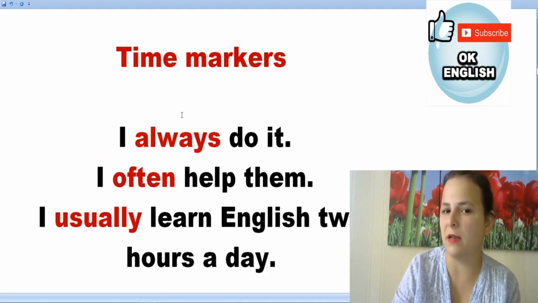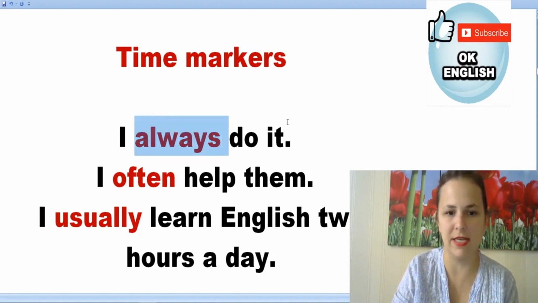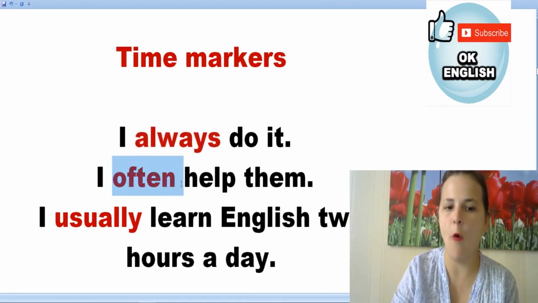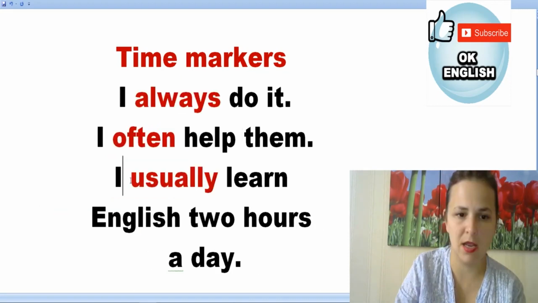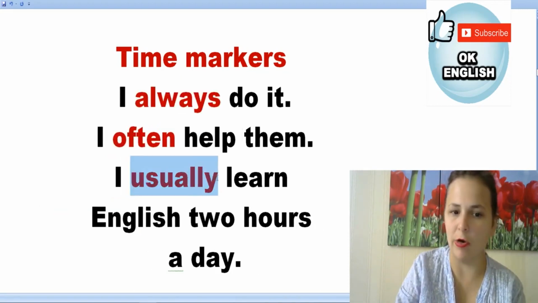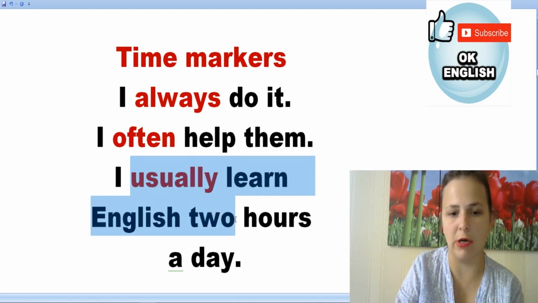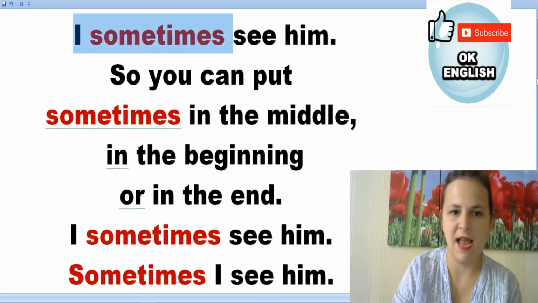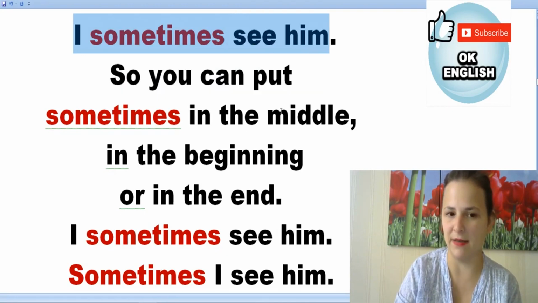Time markers. I always do it. I often help them. I usually learn English 2 hours a day. I sometimes see him. So you can put sometimes in the middle, in the beginning, or in the end.